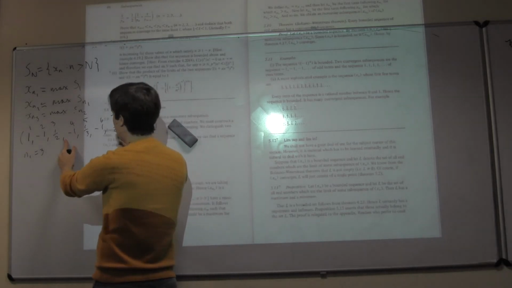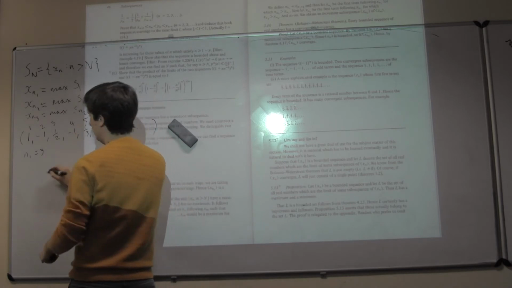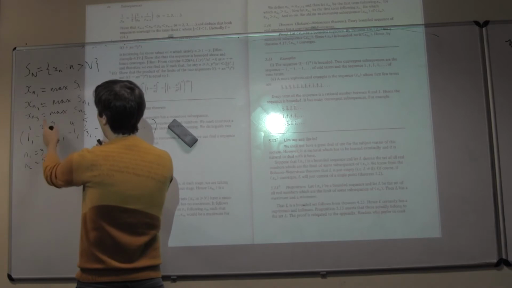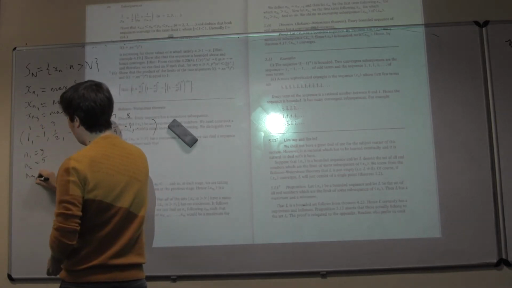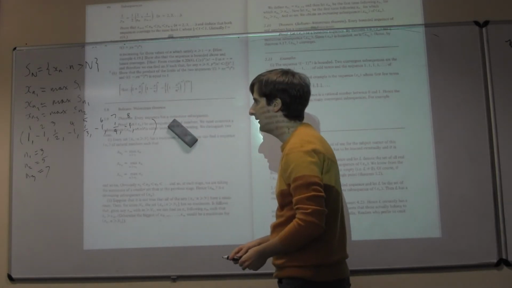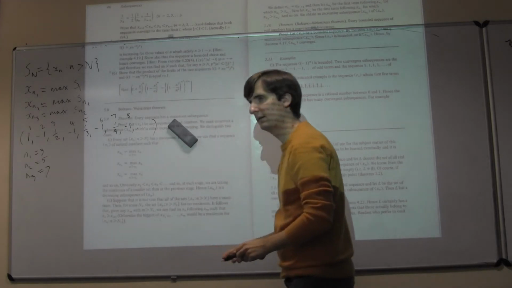The maximum is going to be a third, which happens to be the fifth element. So n2 will be equal to 5. For n3, n3 is going to be equal to 7, and so on. So this construction is picking up the convergent subsequence.